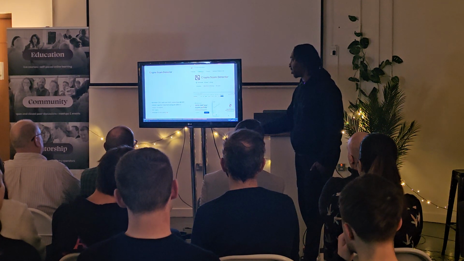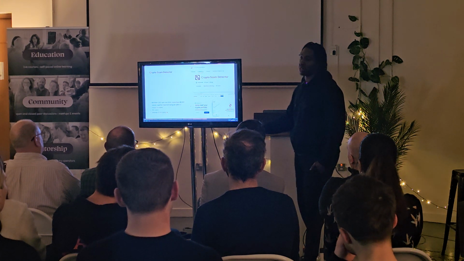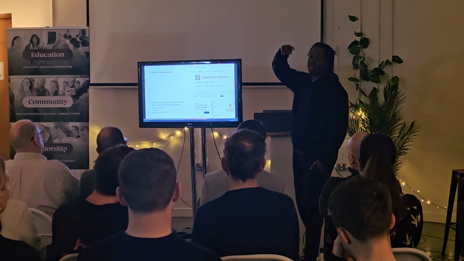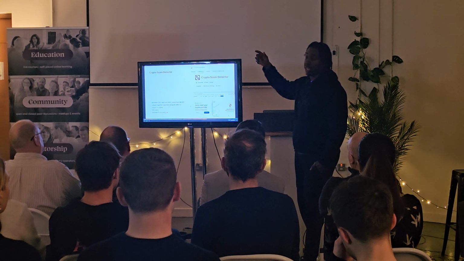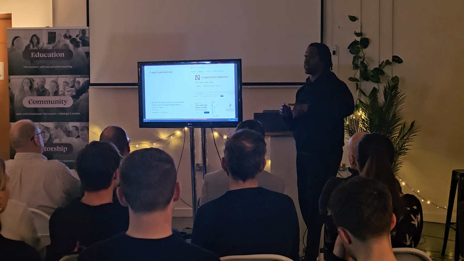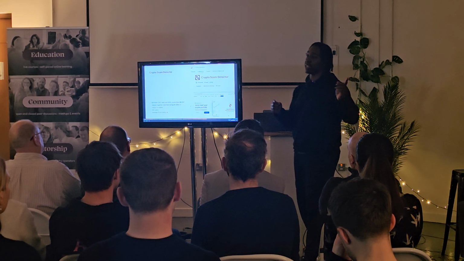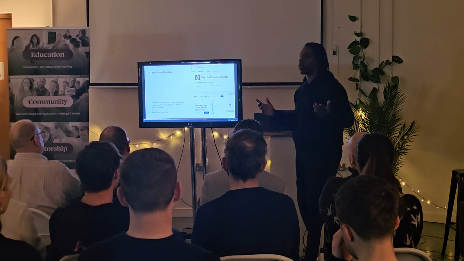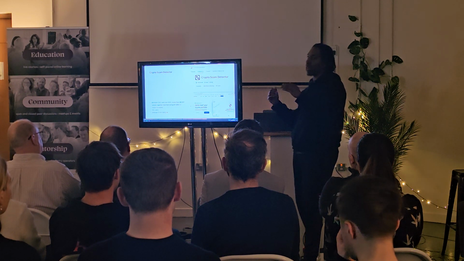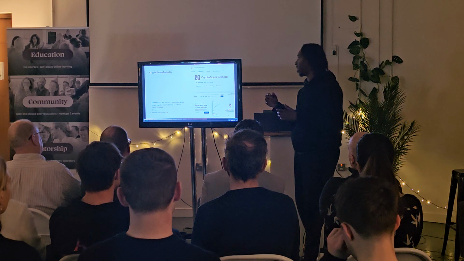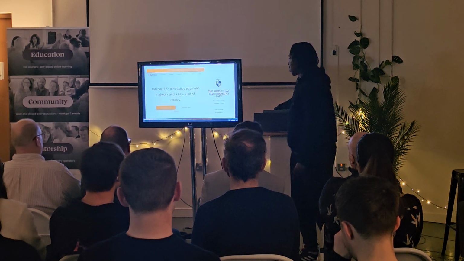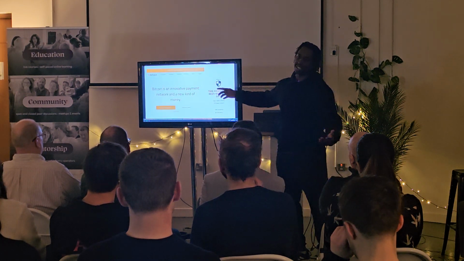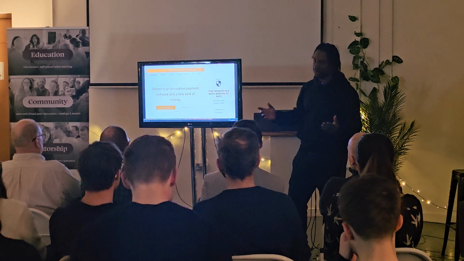And I made this to detect crypto scams. What it does is it looks at the current URL a user's on, and it cross-references that across the CoinMarketCap database. So if you're on a fake Bitcoin website that's not in the CoinMarketCap database, it will say, hey, this is marked unsafe. Very, very simple.